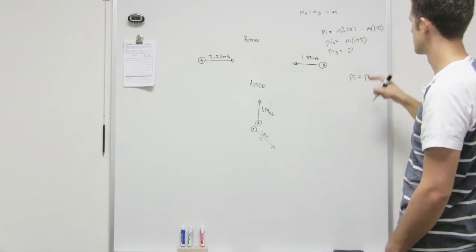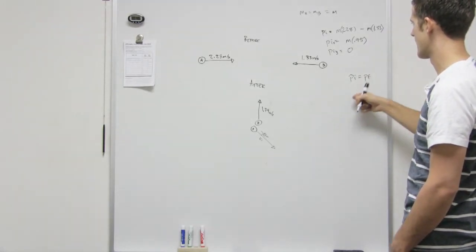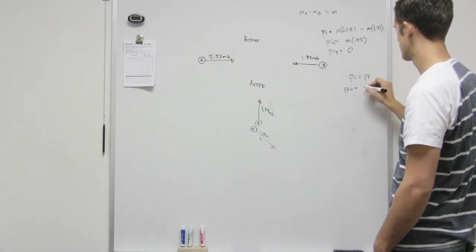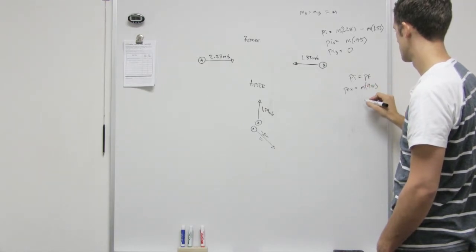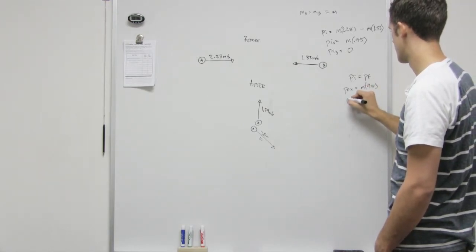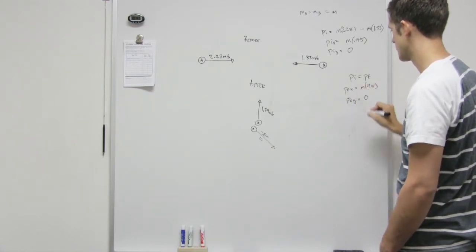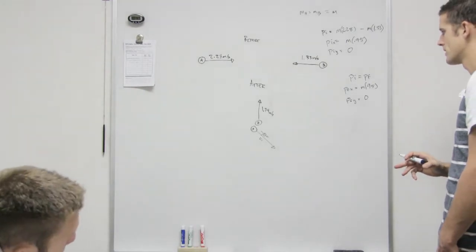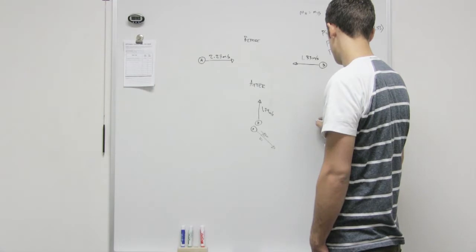Okay, so that means our final in x has to be equal to our initial in x, so it has to be m times 0.95. And our final in y has to be the same as our initial in y, so it has to be 0. So what are the equations for our momentum in x?